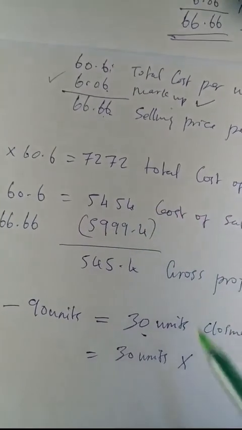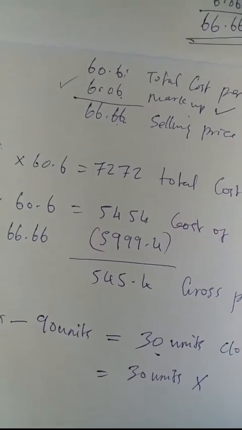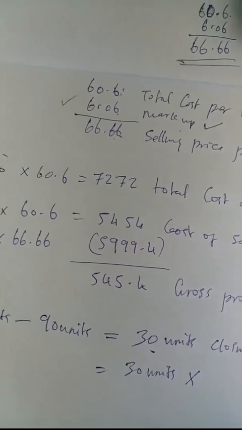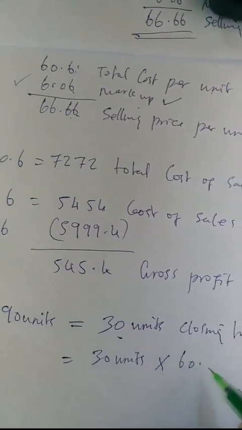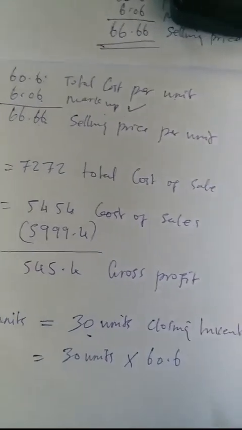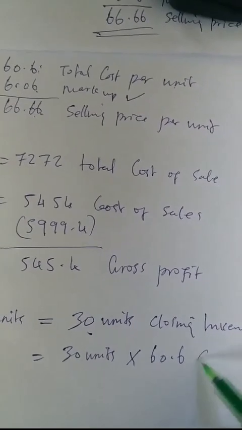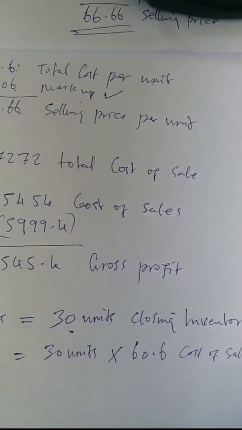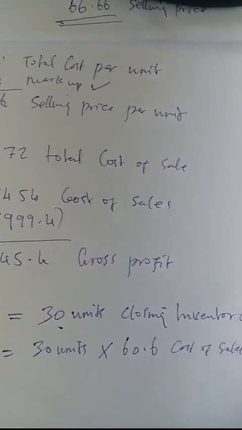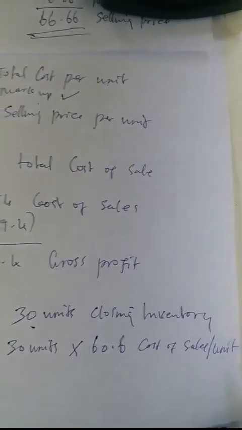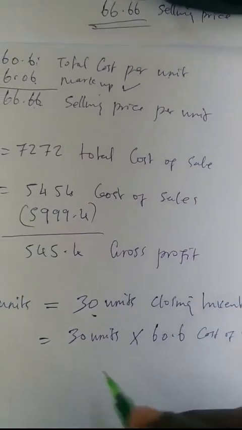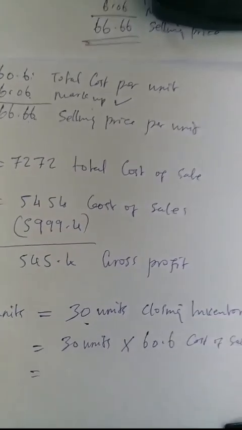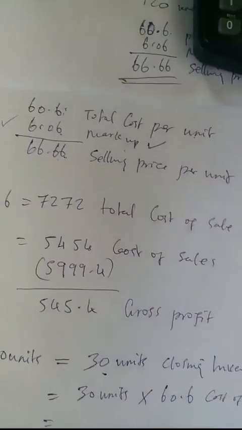So the cost of sales per unit is 60.6. So let's multiply that. Then that will be our value for the closing inventory.